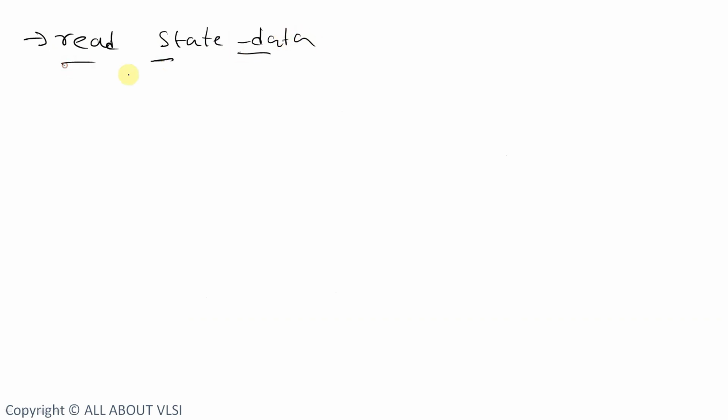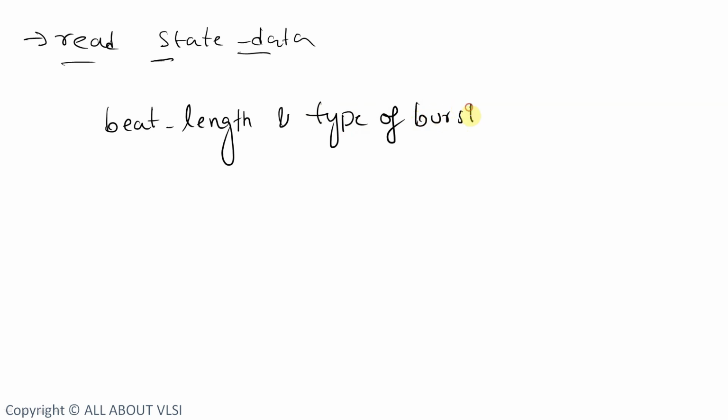Here also I'm going to check for my beat length and wrapping condition, and the type of burst, whether it is a wrapping burst or an incremental burst, and I'm also going to check for the HREADY signal, whether it is 1 or not.